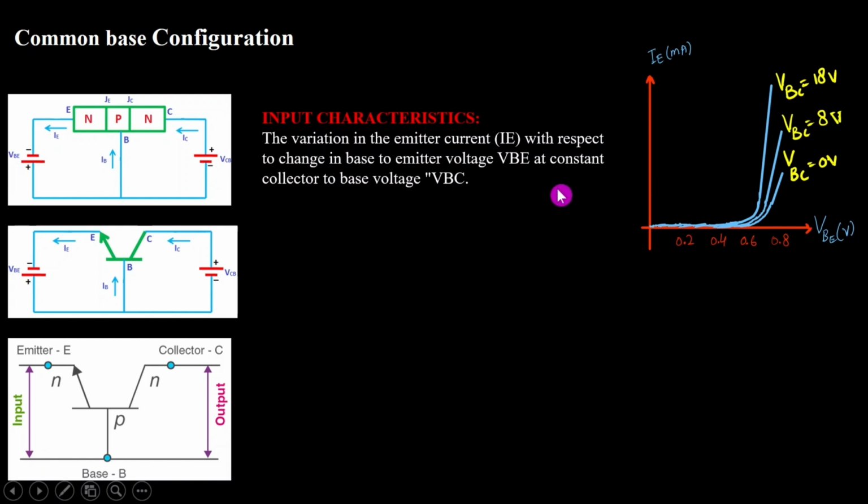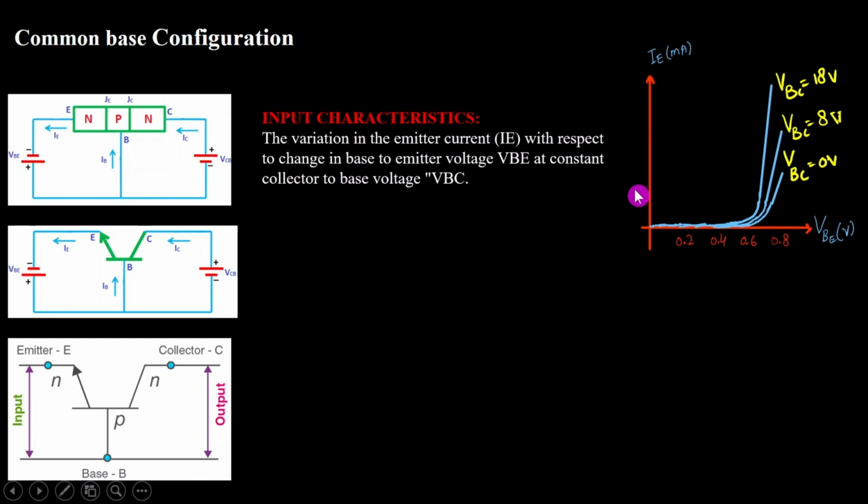Okay, so this is the input characteristic. So the variation in the emitter current with respect to the change in emitter voltage VBE at constant VCB, we take VCB as a constant. First we take 0 volt, then 8 volt, then 18 volt. And this is the graph for that, the input characteristics graph.